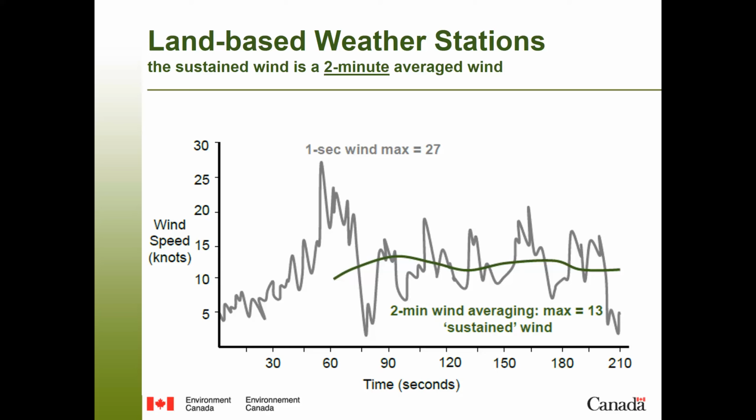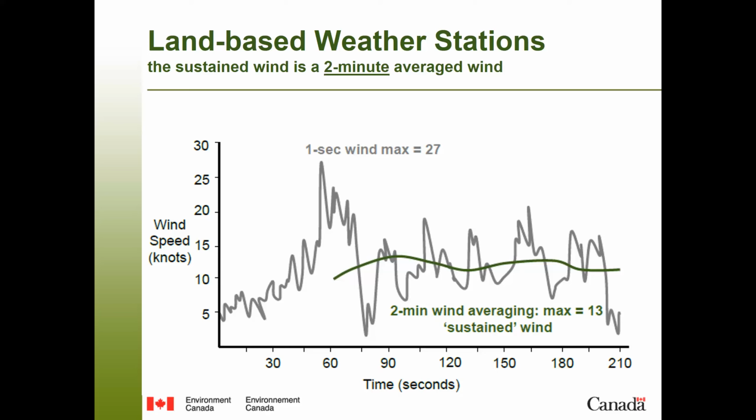Well, the 2-minute average smooths that out. It basically takes the average of those 2 minutes. So it takes all those observations and smooths it out and averages for the 2 minutes. And then that's what we see as the sustained wind.